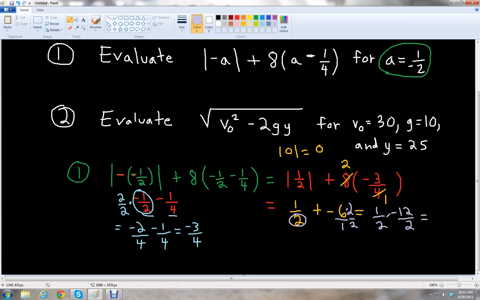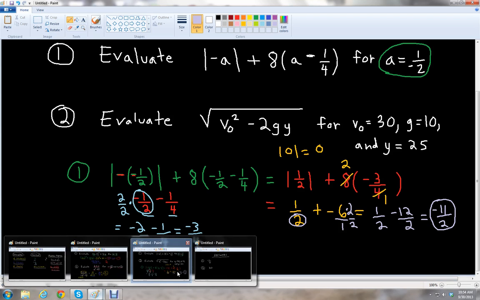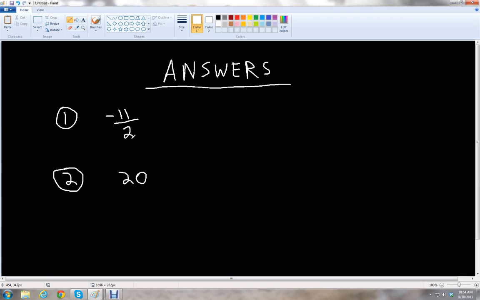Then we just combine the numerators together, so we get 1 minus 12, that's negative 11 all over 2. So 1/2 minus 12 halves is negative 11 halves. And that would be our answer. So we get this for our answer, negative 11 over 2.